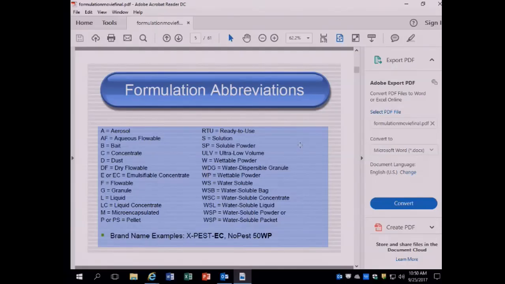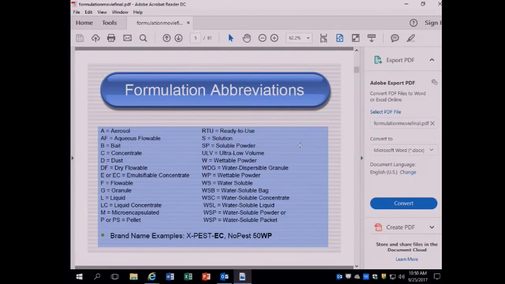We'll see E or EC used as emulsifiable concentrate, and we're going to talk about several of these as we go forward. Flowable is another type of solution. G is a granule. L is a liquid, LC a liquid concentrate.